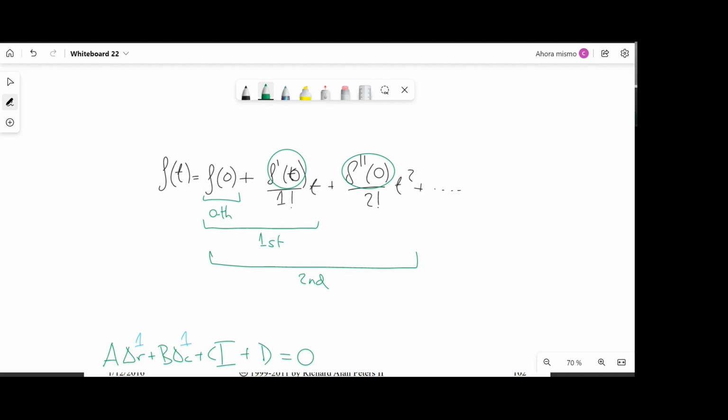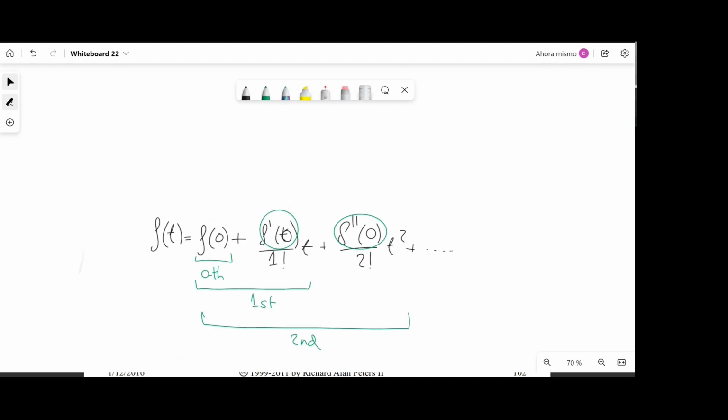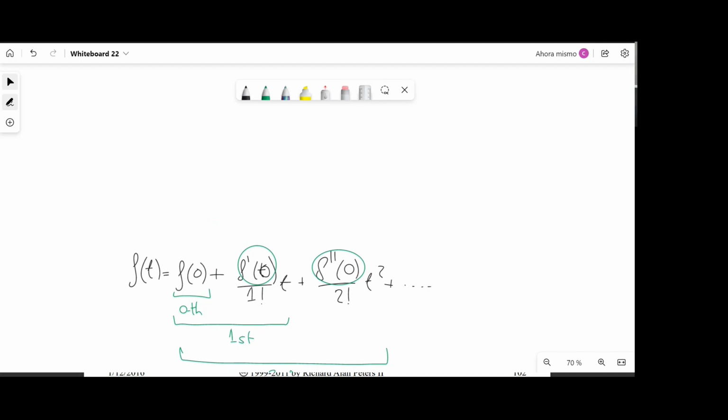Okay, so let's say that I want to estimate what is the derivative at 0. So what should I do? What I have to do, and we have seen this a few times, let's say that the sampling rate is 1. I can take f of 1 minus f of 0 divided by 1.